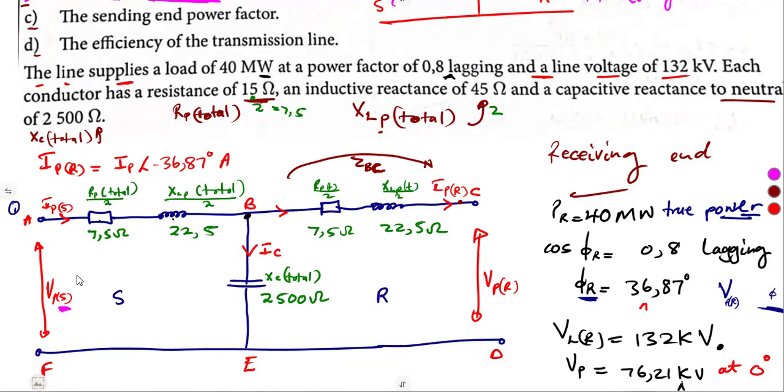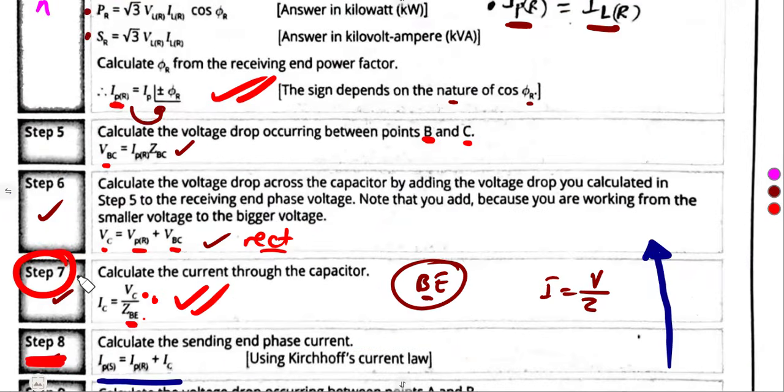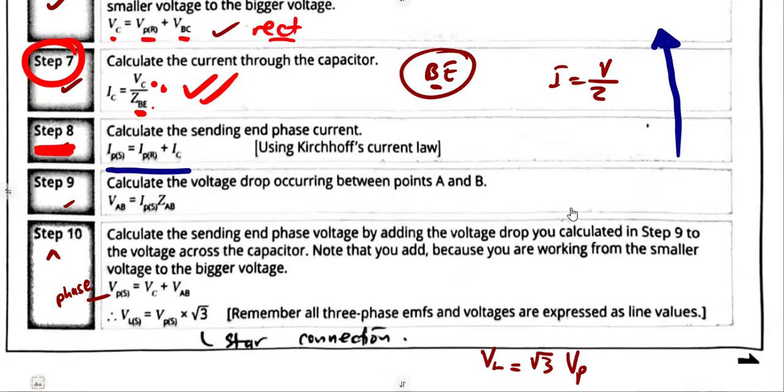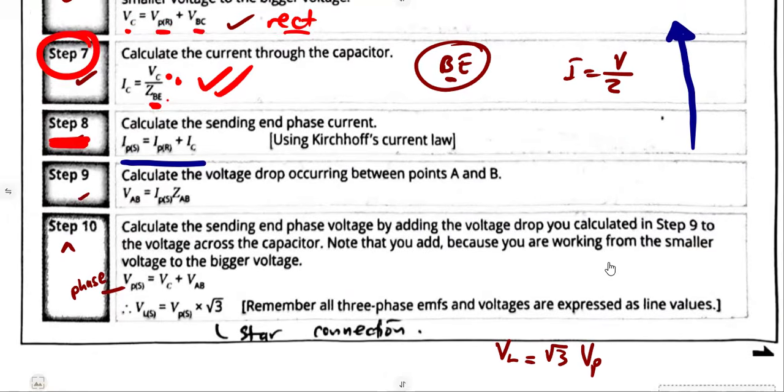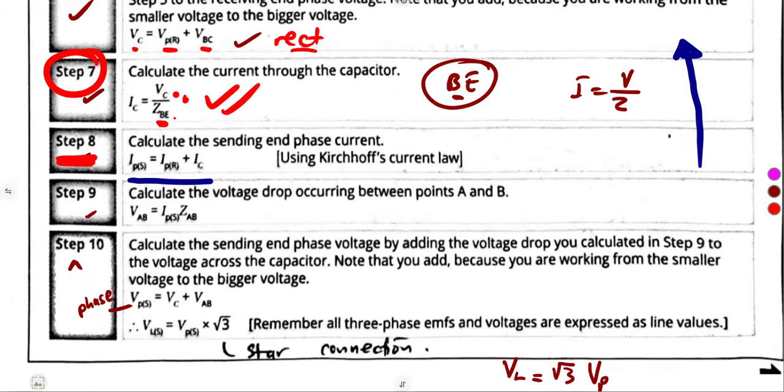All right, so how can we determine this? If we check our steps, we are going to see that this voltage, supposed to be from steps 9 and 10, is where we deal with the sending end voltage. Step 9, you must have the voltage across A and B.